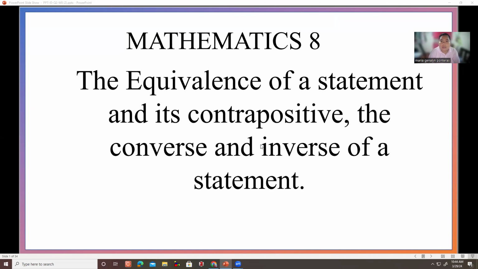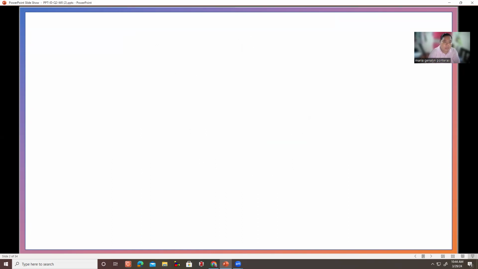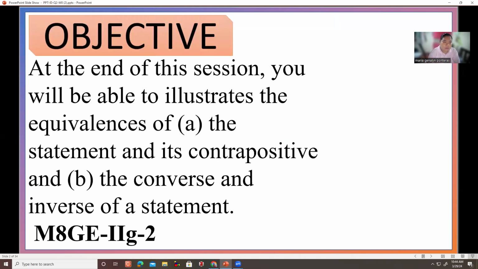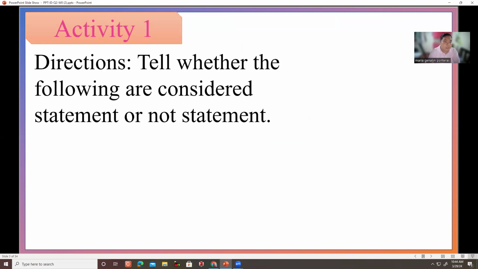But before that, let us have first our short activity. The goal for this topic will be to illustrate the equivalences of the statement and its contrapositive, the converse and inverse of a statement. For our first activity, we need to tell whether the following are considered statement or not statement.